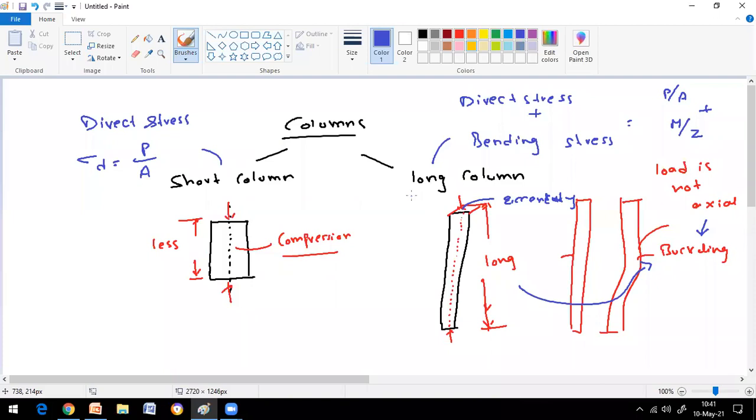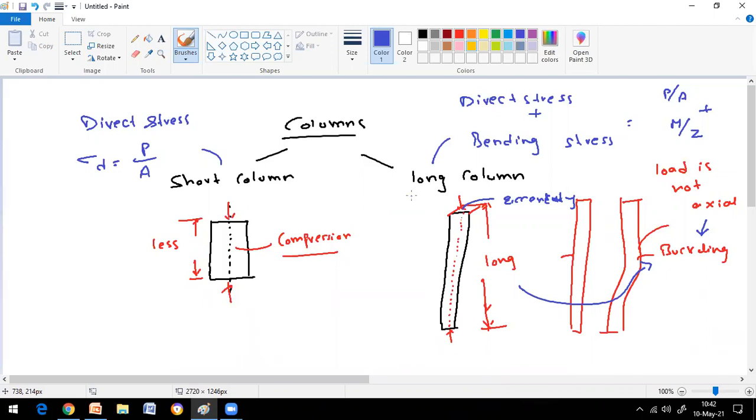Why? Sir, I am applying two compression forces on the stick, so the stick should get crushed, right? Why is your stick bending? Because even your hand may not be able to transfer the load through the center of the stick. So there is some eccentricity developing in the broomstick. Because of that your broomstick is subjected to bending.